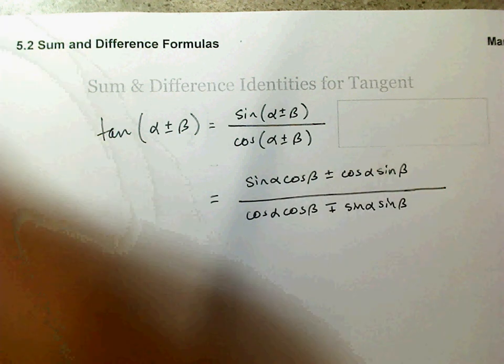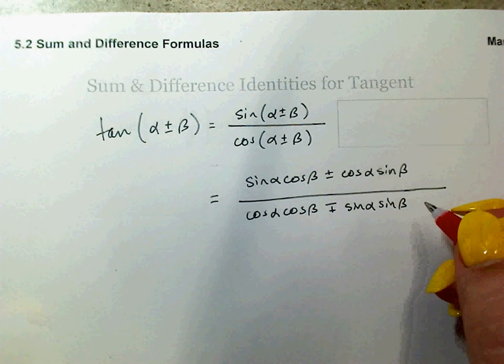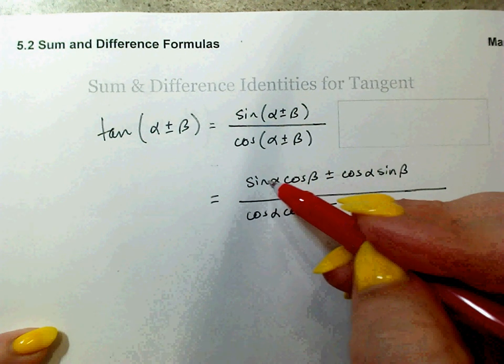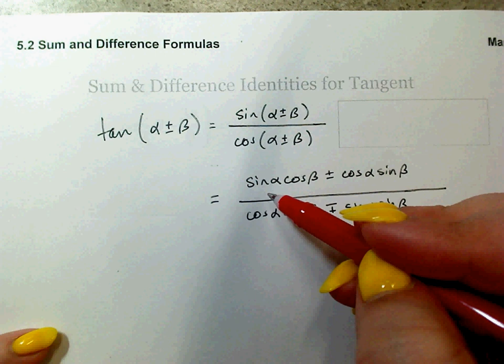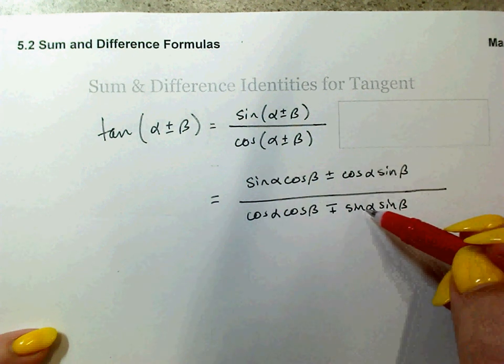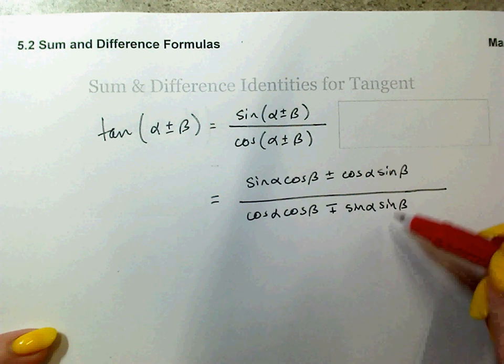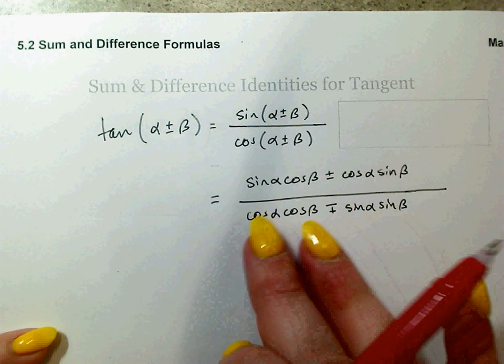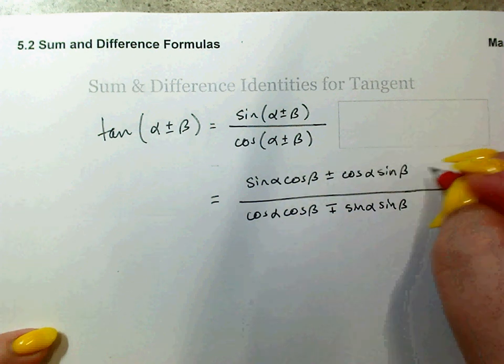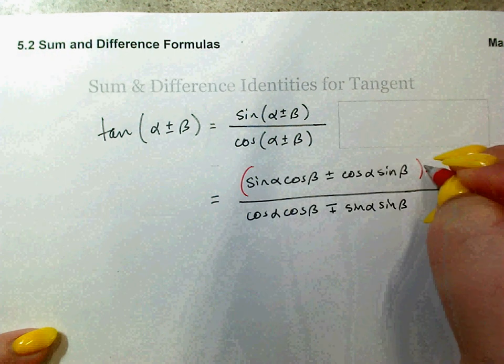So I want tangents in my expression. Sine over cosine is going to be tangent. So if I were to divide this term by that term, then I would get both tangents, right? So this is just kind of a trick. It's not something you're going to have to recreate. I'm just showing you where it's coming from.